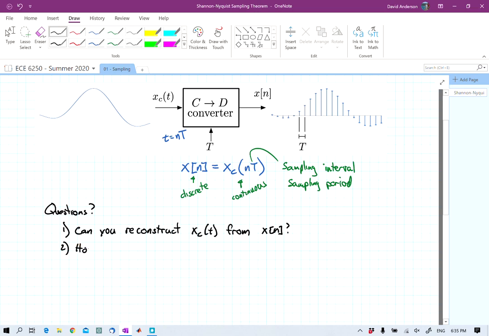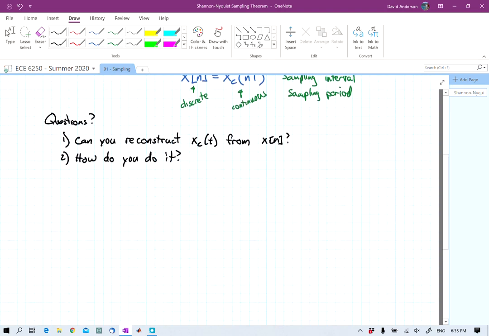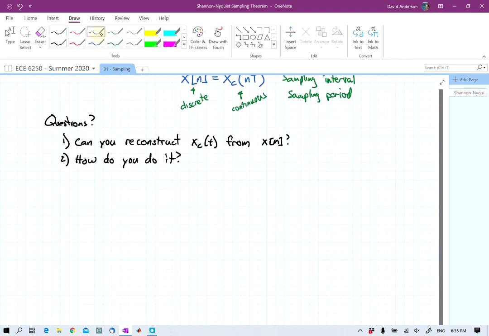The second question is, how do you do it? So the answer to question number 1 is when our signal is band limited, meaning that the frequencies in that signal are 0 beyond a certain point.